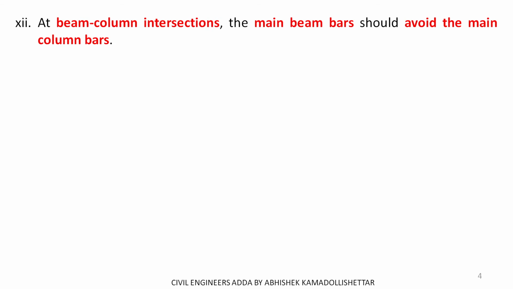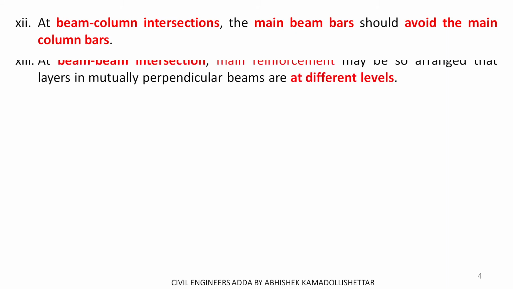At beam and column intersections, the main beam bars should avoid the main column bars. That is a must.